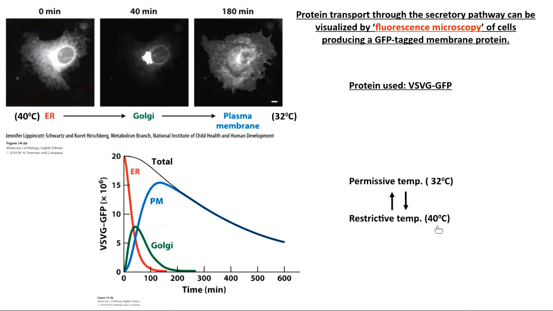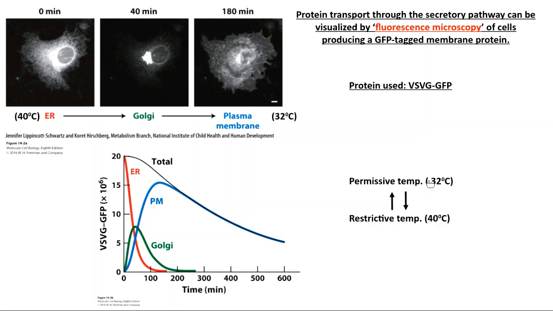If they do not get released to their specific compartments and become functional, then the cellular functioning will not work anymore. The cell will either die or remain inactive. So this restrictive temperature is 40 degrees centigrade, but when we change the temperature to 32 degrees centigrade, it functions normally.